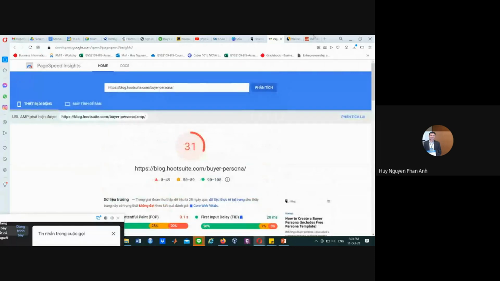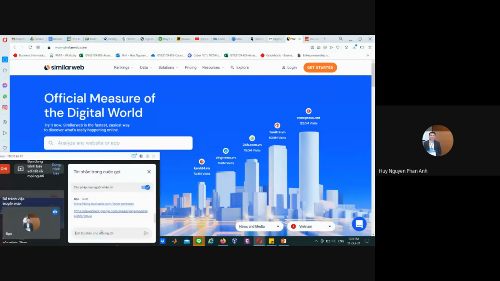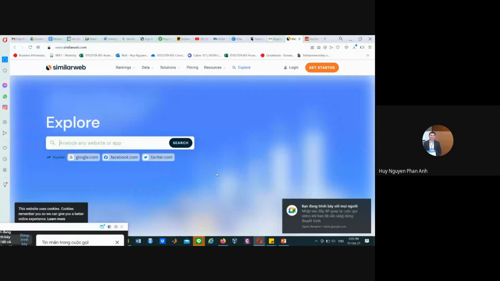All right, and the next one is a very important and interesting tool. We call that SimilarWeb. We want to measure the performance of the website, so they can measure the digital world over here. We can analyze the web or app.